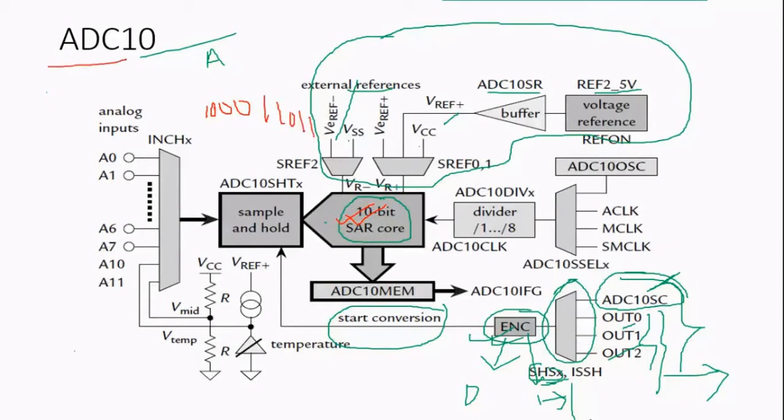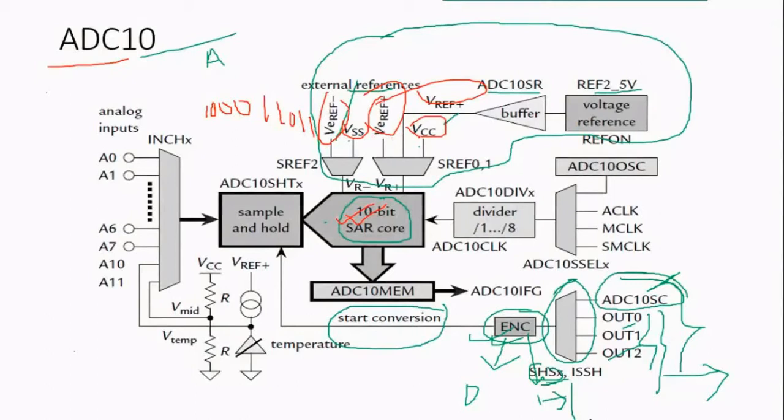But how will the analog signal be converted into digital signals? With the comparing of 2 different digital values. One is the 10-bit SR code and one is a different value of either V reference minus, V reference plus, or VCC or VSS. There are 5 different voltage options.